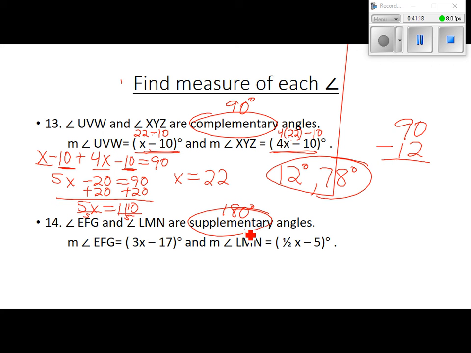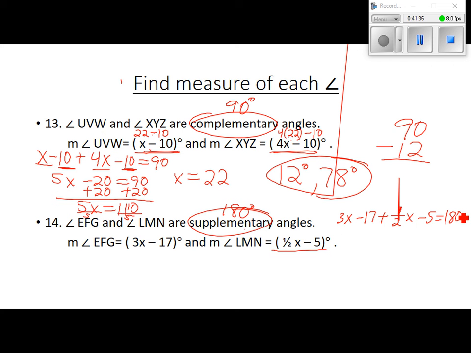Next one, we know that they're supplementary. So 3x minus 17 plus the other angle, 1/2 x minus 5 should equal 180.